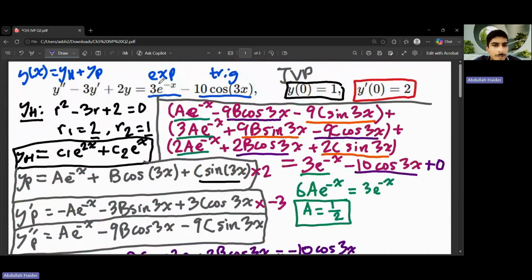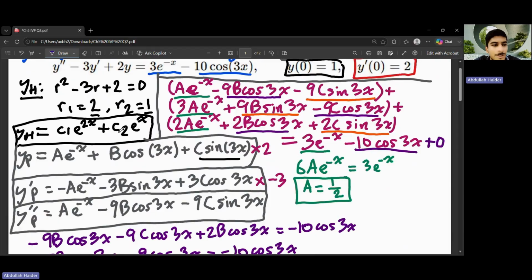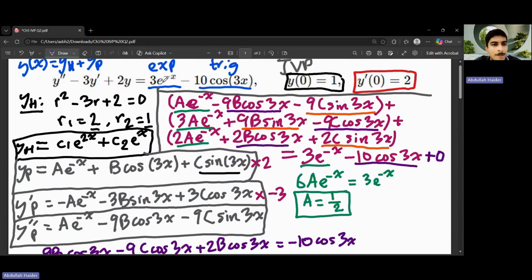You have this differential equation, exponential trigonometric. You first find the homogeneous solution. Distinct roots apply as it is C1 y1 plus C2 y2. Then for yp you assume a constant a, take the exponential as it is, and we have a cosine, so it'll be a cosine, a plus sine, and the constants b and c.